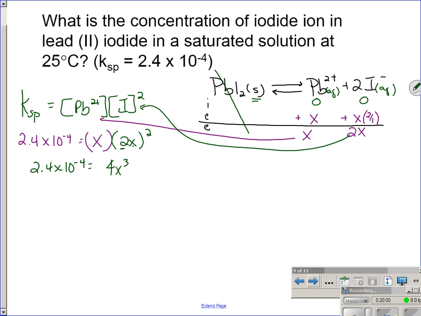And then we just solve for x. X is equal to the cubed root of 2.4 times 10 to the negative 4 divided by 4. Remember that the cubed root button is under math, and it's number 4.